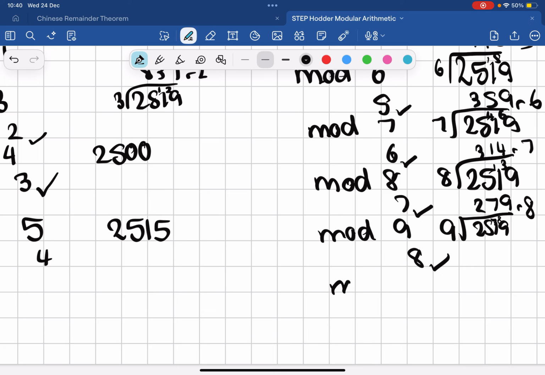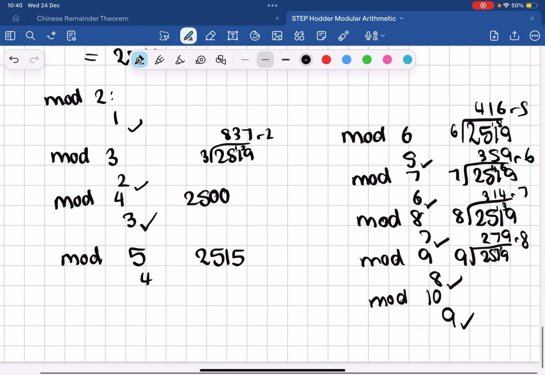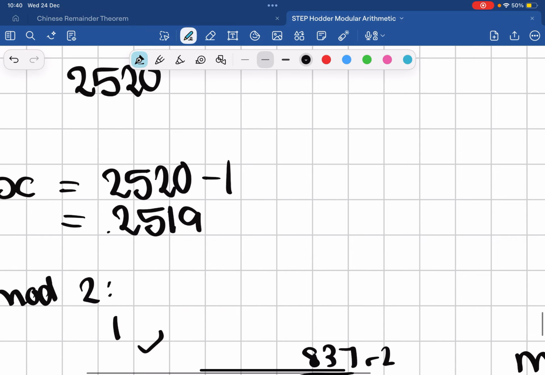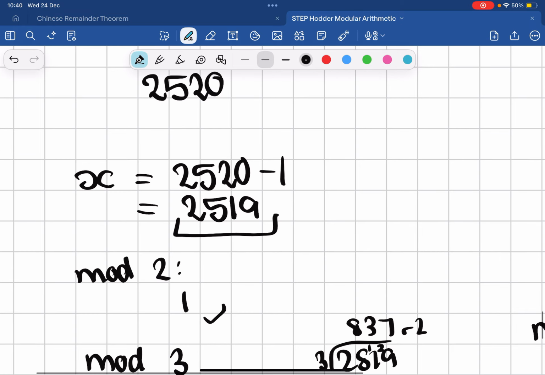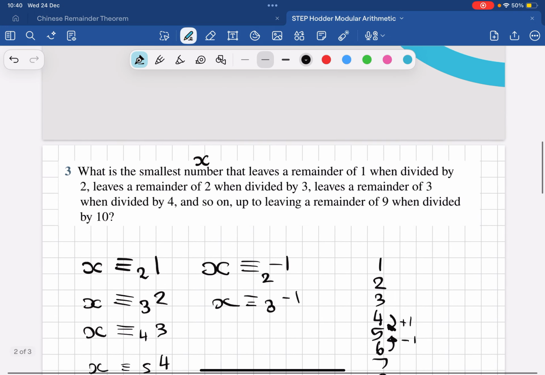On mod 10, this is an easy one to check. If it ends in a 9, then it has to be congruent to 9. So we've just checked that this number here, 2519, satisfies the conditions of the question. So we can say that this is the smallest possible number that satisfies the question.